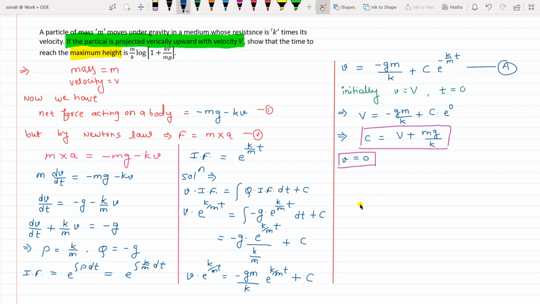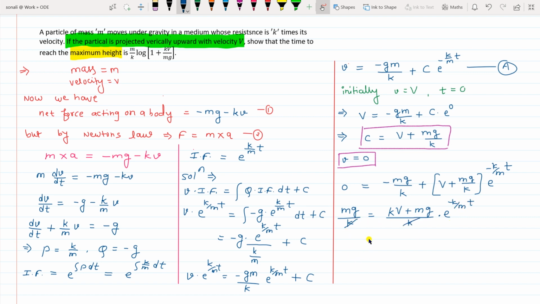This is our equation. Put your values. Small v is 0, minus mg upon k plus c is replaced by capital V plus mg upon k e to the power minus k by m into t. Now shift this to the left side, that will become plus mg upon k is equal to, and I'm doing cross multiplication, kV plus mg upon k into e to the power minus k by m into t.